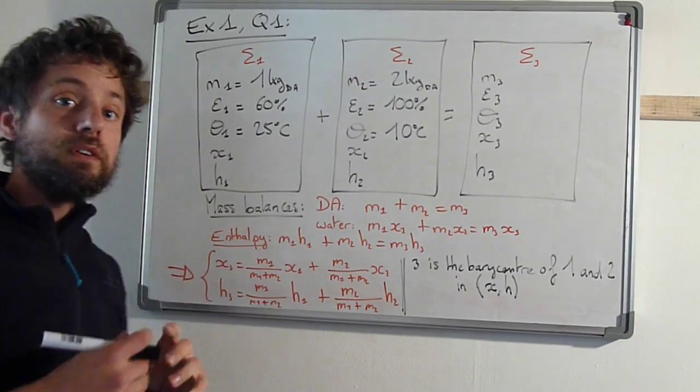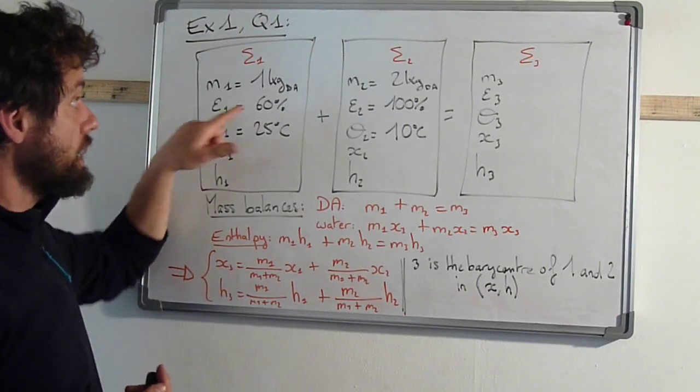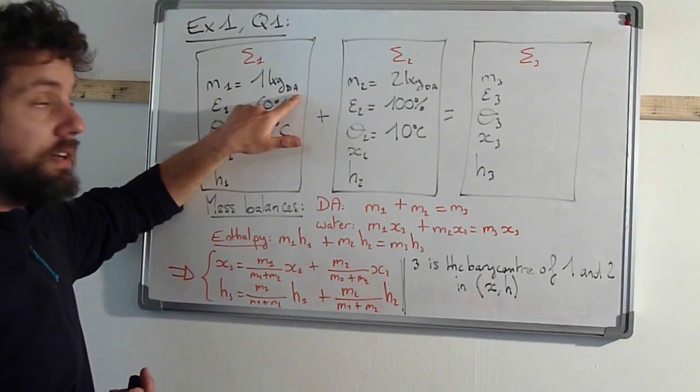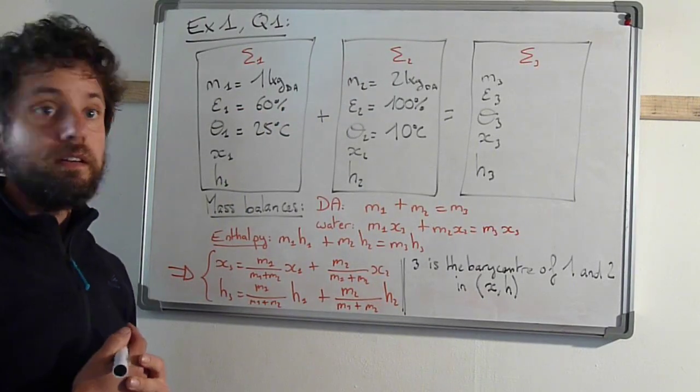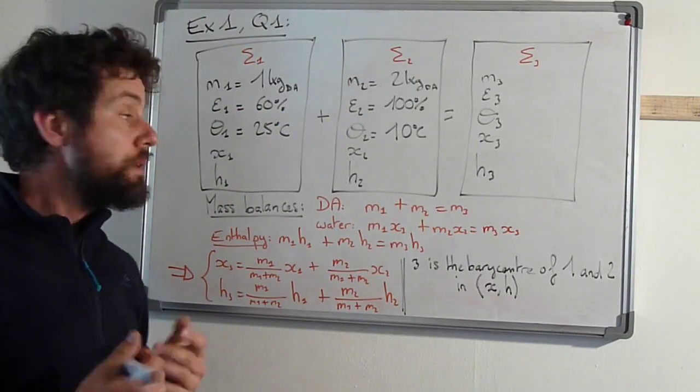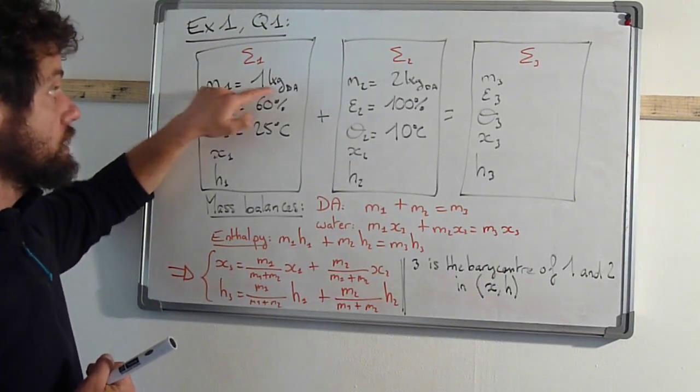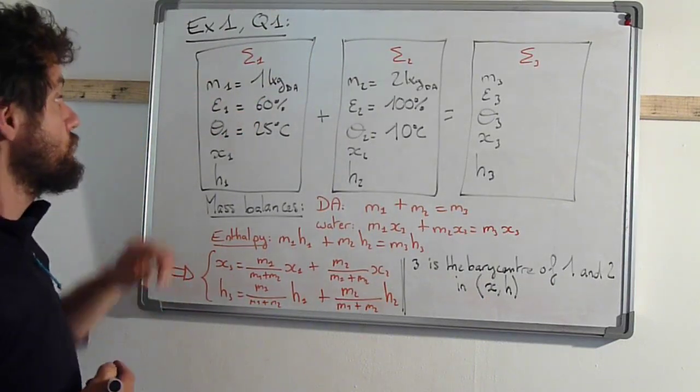So it means that the total mass is of course higher than 1 kilogram, because to this 1 kilogram of dry air we need to add the water vapor, but it's still defined by the mass of dry air.